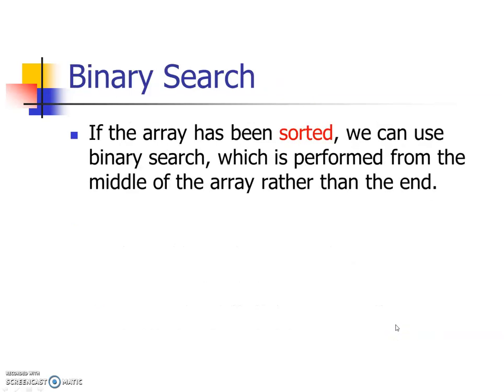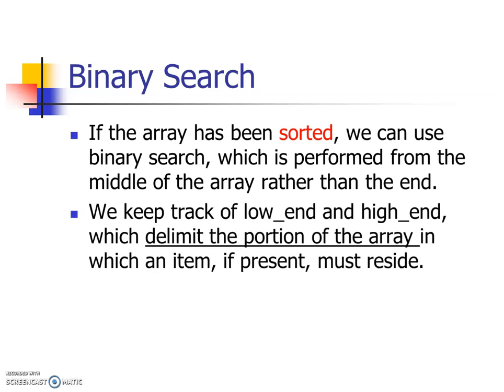Let's see something different. Say we have the same problem, which again is to find the value of x in an array A and report the index of x. This time the array is sorted. In this case, we can do something else.